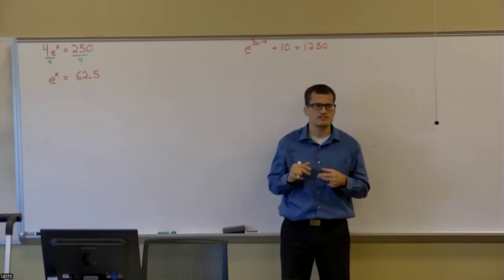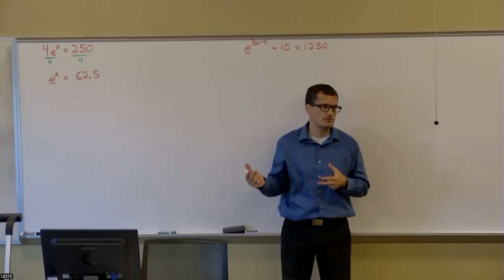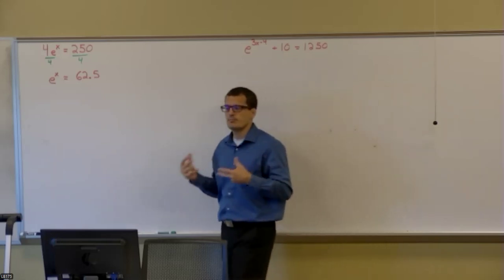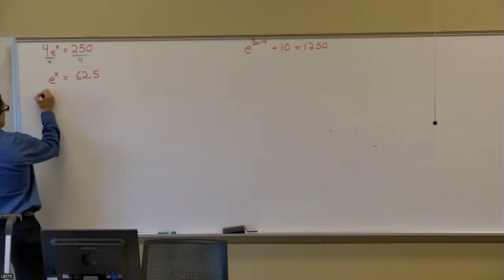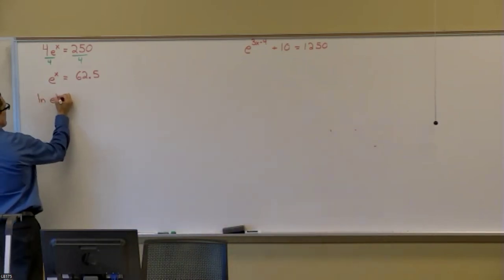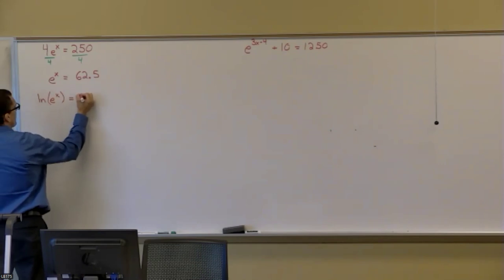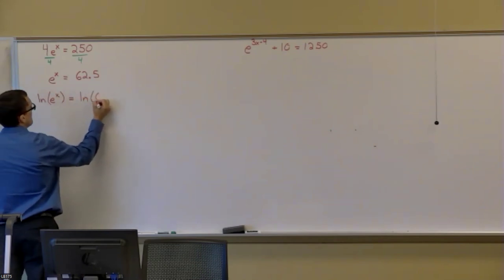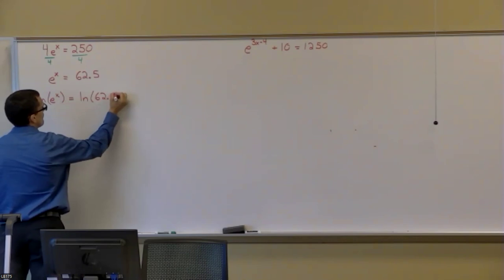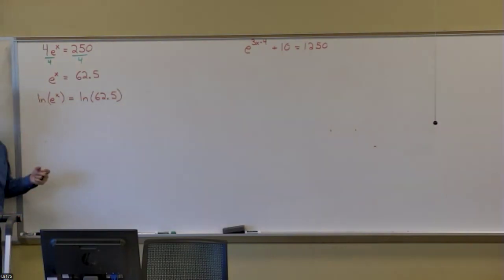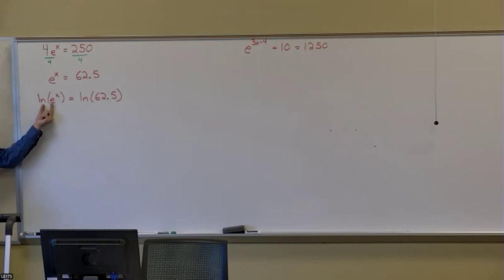I just like to apply natural log to both sides, because natural log is log base e. So when I apply natural log to e to the x, since we have the same base, the natural log and the e cancel each other out, and we're just left with an x on the left-hand side.